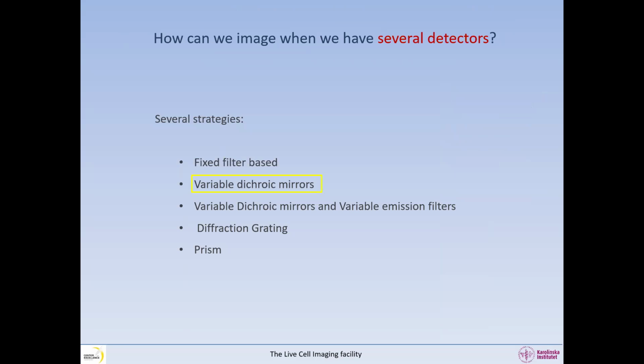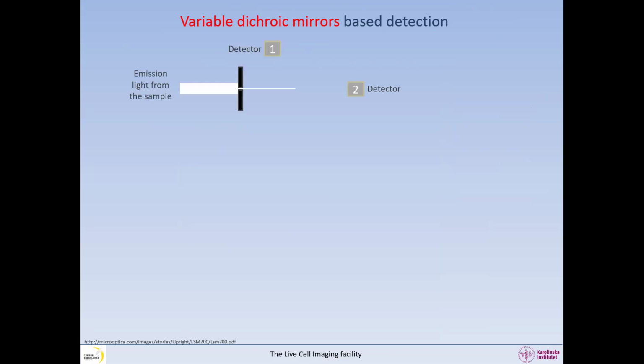So how about using variable dichroic mirrors? Can we do that? Other microscope manufacturers came up with another solution for imaging multiple fluorophores, by using variable dichroic mirrors if we have several detectors.